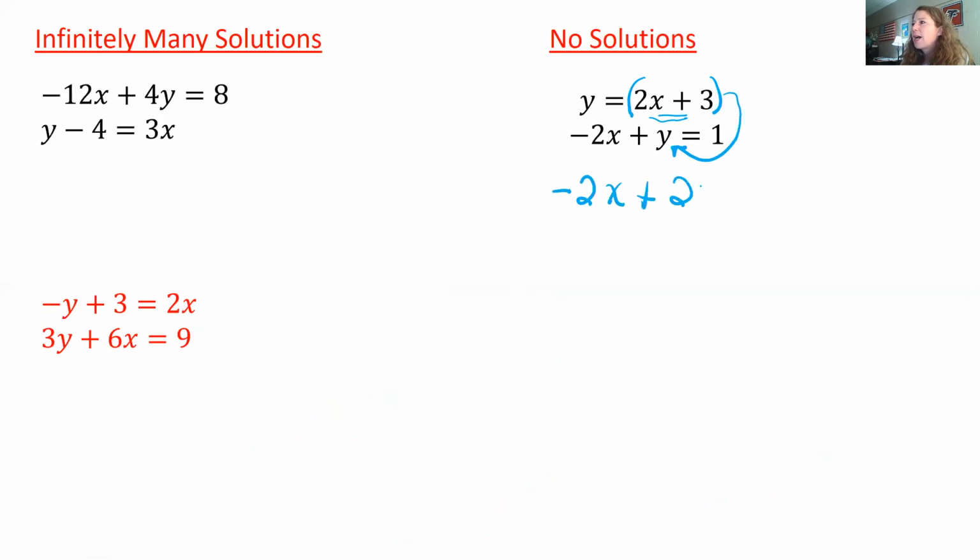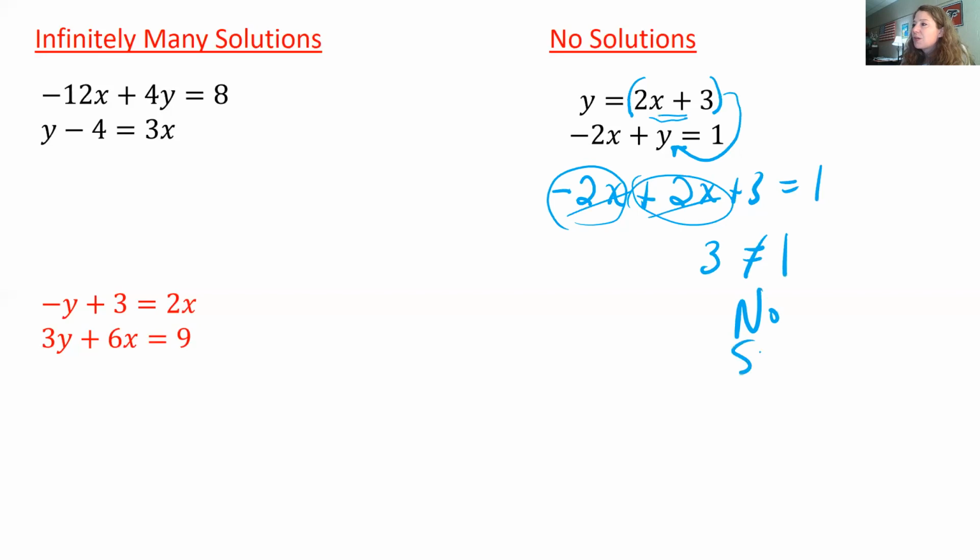Well, what is y? y is 2x plus 3 is equal to 1. So negative 2x plus 2x is 0, and we end up with 3 is equal to 1. Is that true? No, that's not true. So since it's not true, there's no solutions. Oh, and by the way, do you know what no solutions means?